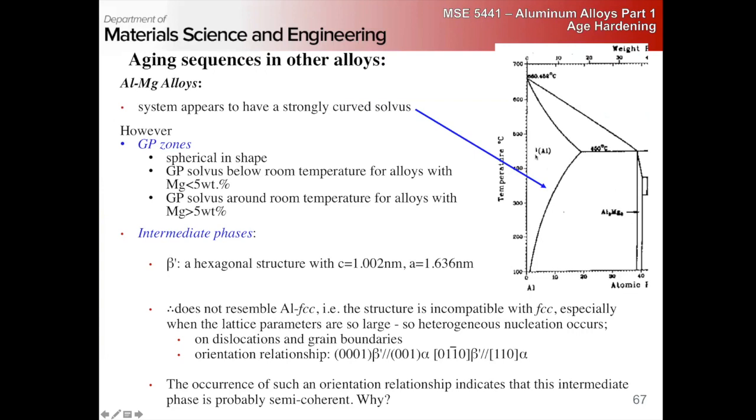If I can only get 2% in, I can't make that many precipitates, so I don't get a lot of strengthening out of it. So solvus line curvature is another way of saying maximum solubility in a solid state.